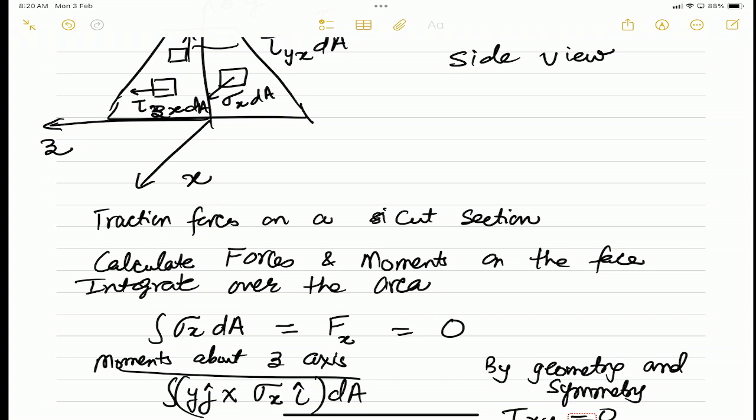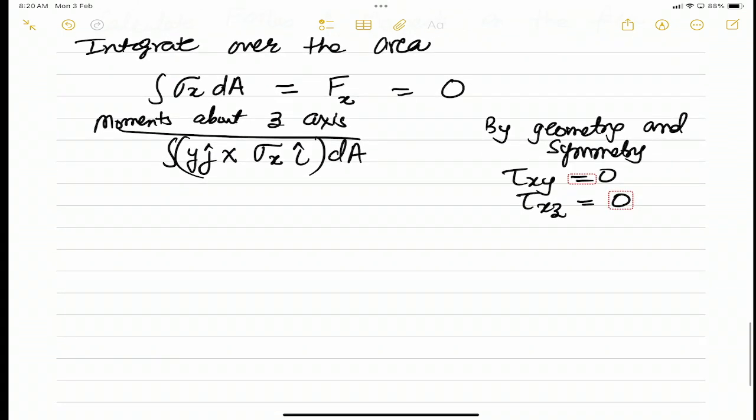If sigma x is the only force acting, I take y j cross sigma x i. So what I get from here is integral of minus y sigma x dA is equal to M. M is about the k direction. So when I do j cross i, it's a minus k. So minus y sigma x dA is equal to M.